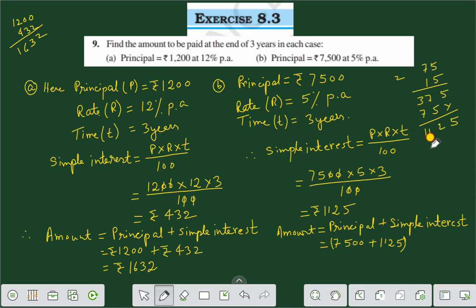If we add both the numbers, 7500 plus 1125, we are getting 5, 2, 5 plus 1 is 6, 7 plus 1 is 8, so 8625. That comes to rupees 8625.